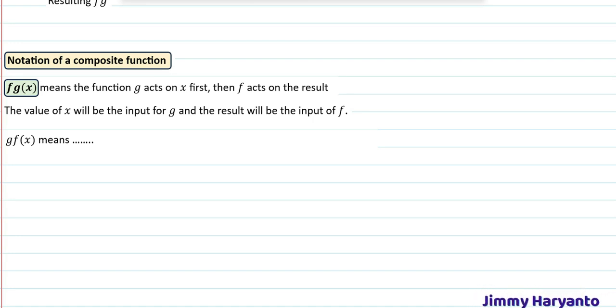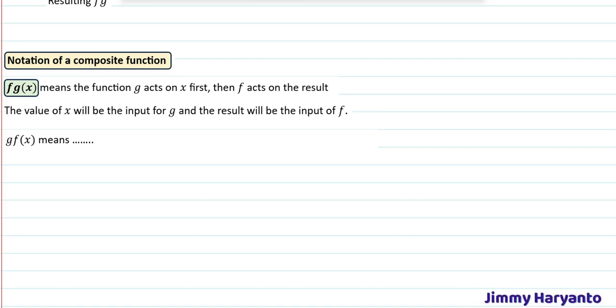Okay, so the first function is g and the second function is f. The value of x will be the input for g, and the result of g will be the input of f. So after you know what fg means, can you tell me what gf means? Yes, the first function is f and then followed by g.